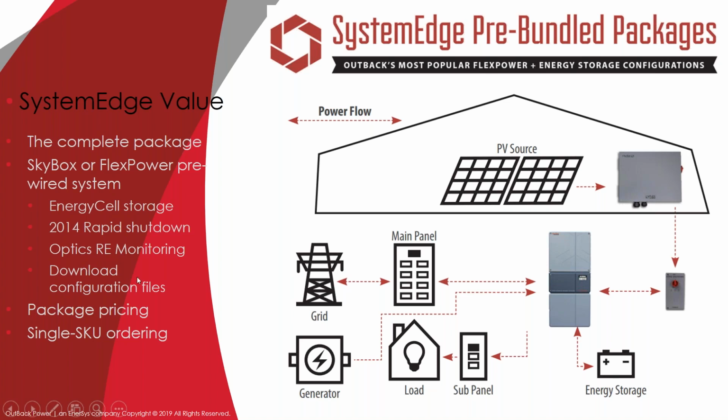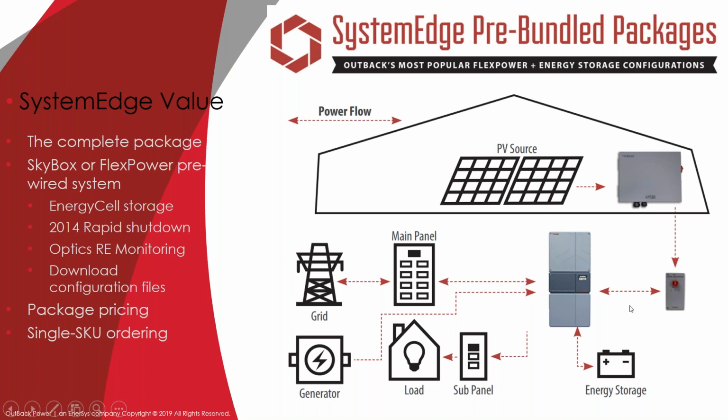Also, you can download the configuration files. The reason we haven't done that in the past with our pre-wired systems is we didn't sell the batteries as a package, and unless we know how many batteries and what size the batteries are, we can't really configure the system. But since we're selling this now as a package, we can offer the configuration files.